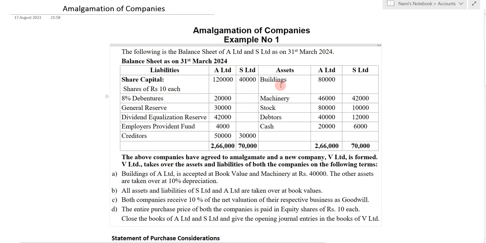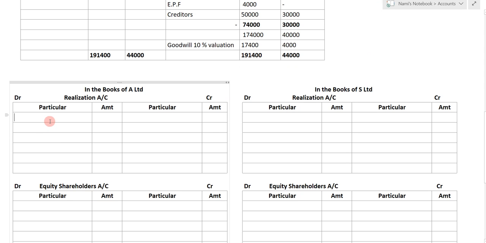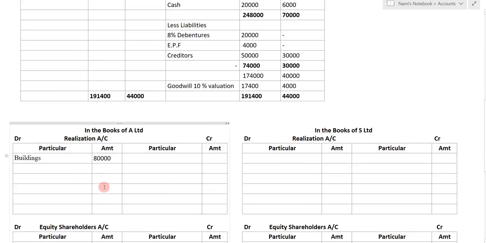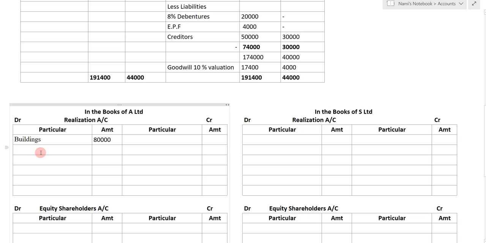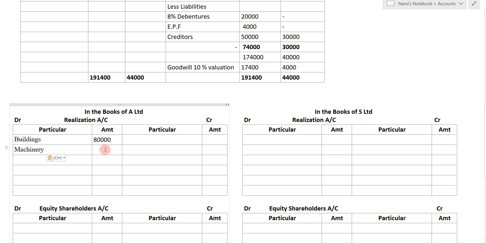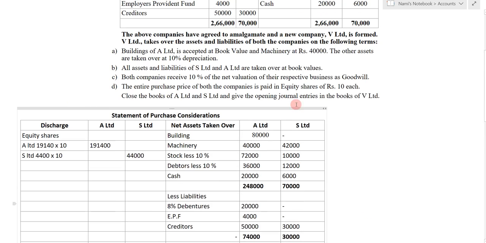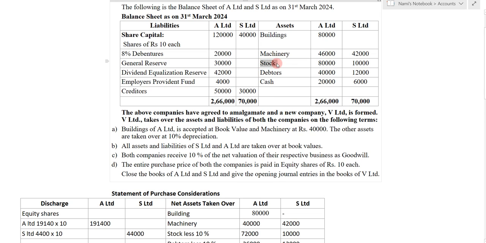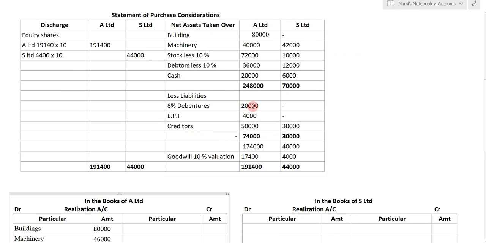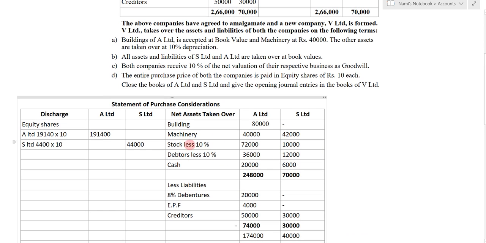Buildings is how much? 80,000. Then next, machinery 46,000. Next, stock: you will not take the values which are given in the purchase consideration, because these purchase statement terms and conditions are made by V Limited.